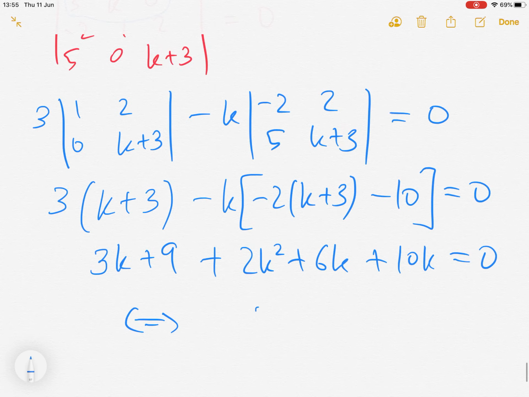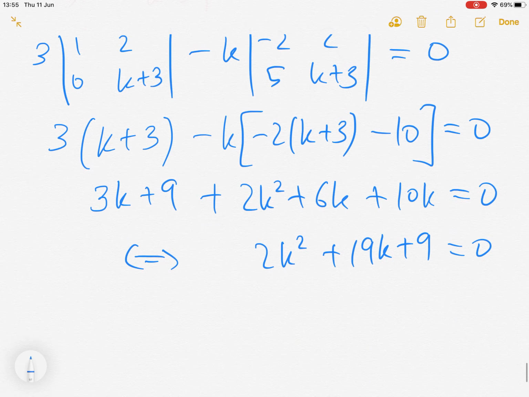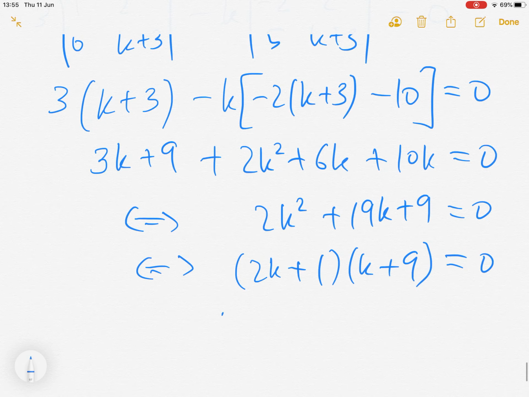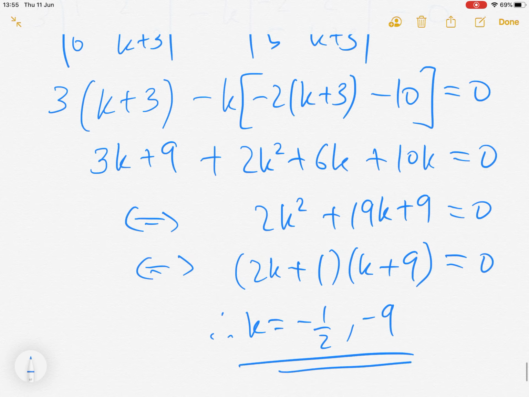And then this is equivalent to 2k squared plus 19k plus 9. And then does this factorize? So notice if we have a 9 here and a 1 here, that works out. So therefore k is minus 1/2 or minus 9.